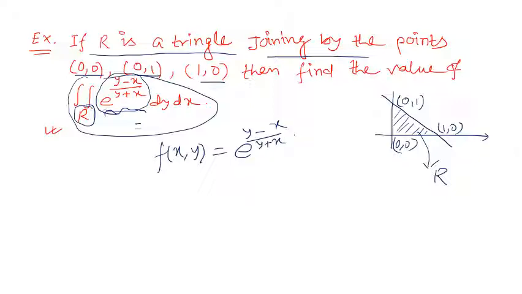So it is too difficult to integrate, right? That's why here I am using a suitable transformation. There are so many transformations, but you have to choose a suitable one such that we reduce the difficulty of this problem.